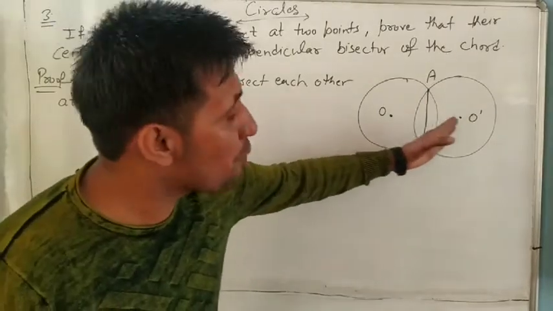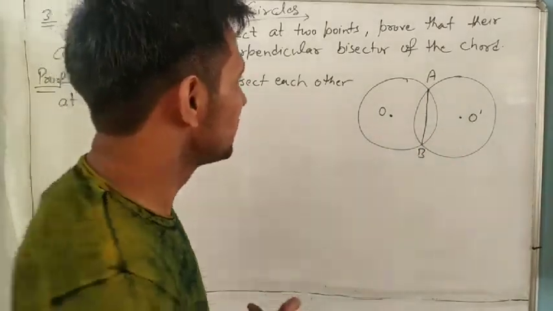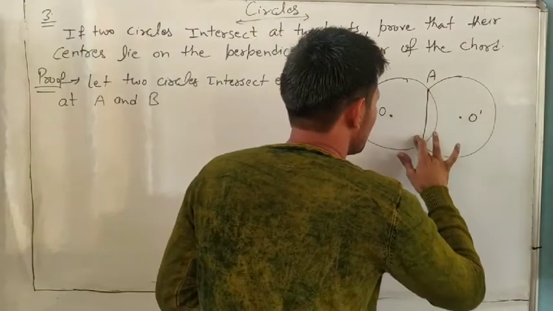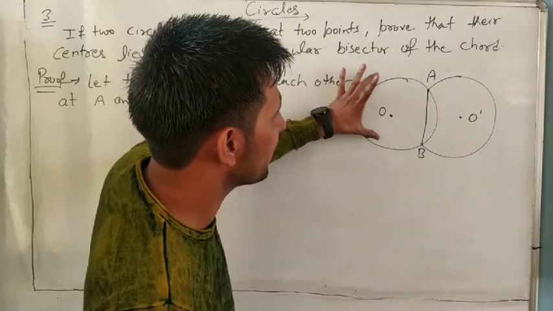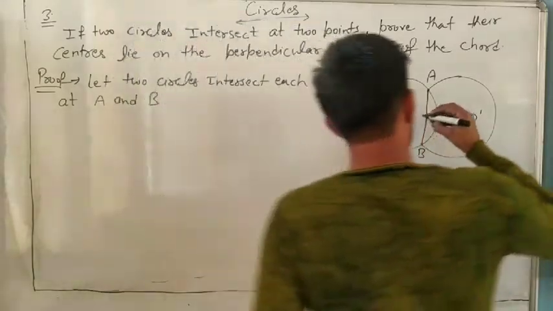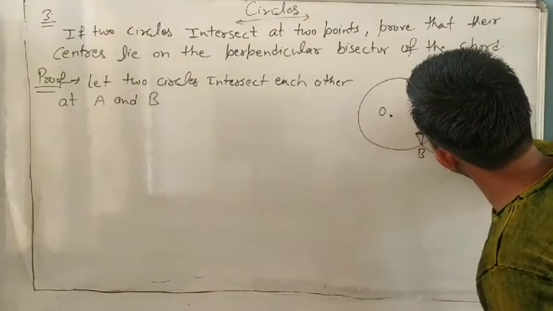AB is the chord of both circles. So AB is the chord of the circle whose center is O, and the same for the other.